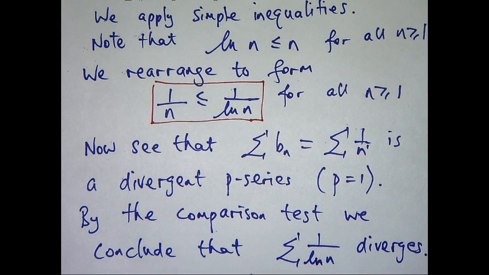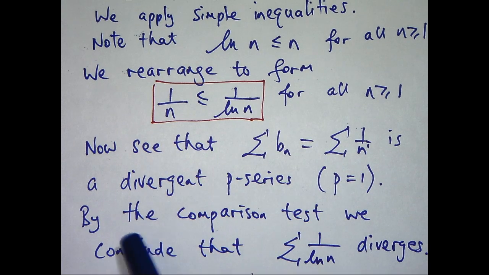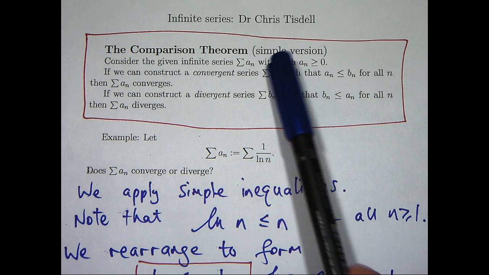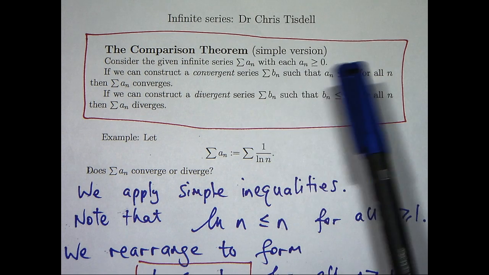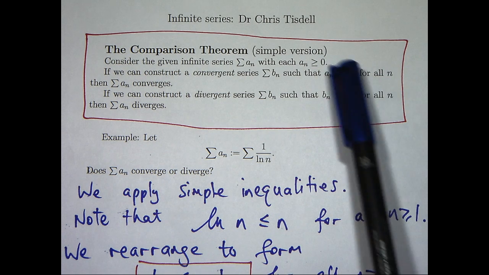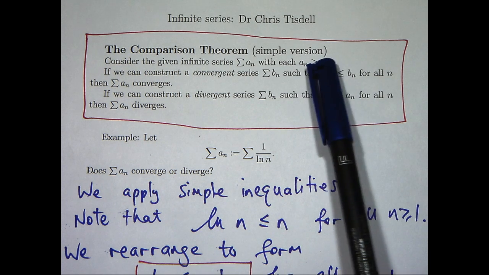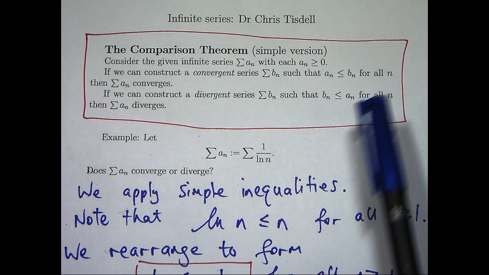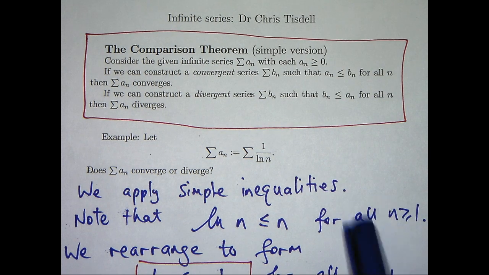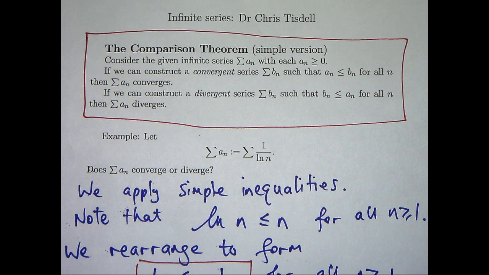Okay, so we've named our tests and we've made a conclusion, and I said at the beginning of this video that this is just a simple version. Firstly, you don't need these inequalities holding for all n. All you really need is these inequalities holding for little n large enough. Here we had them holding for n greater than or equal to 1.